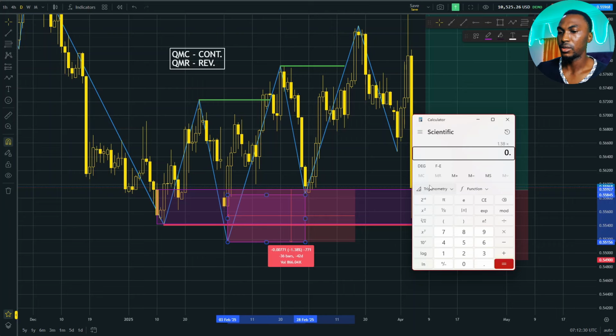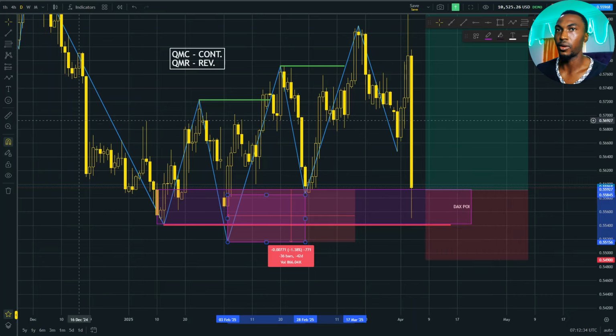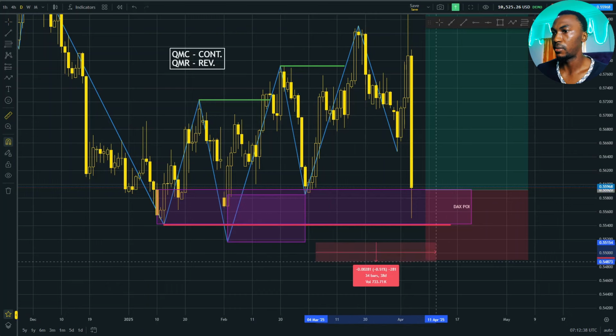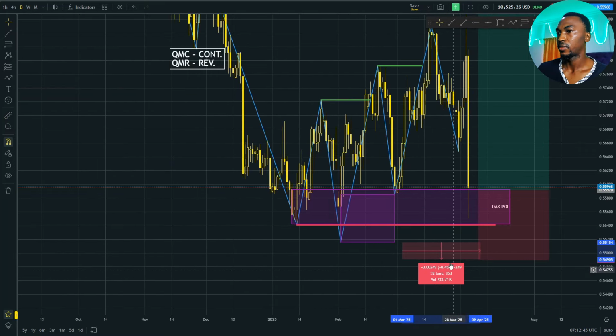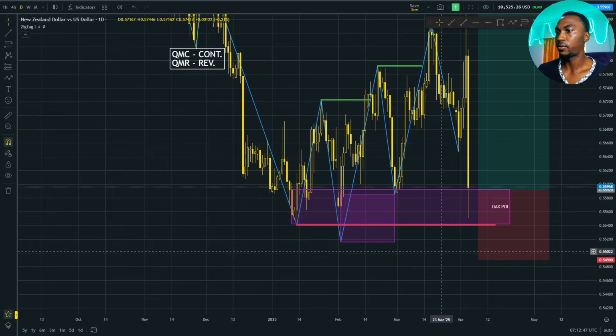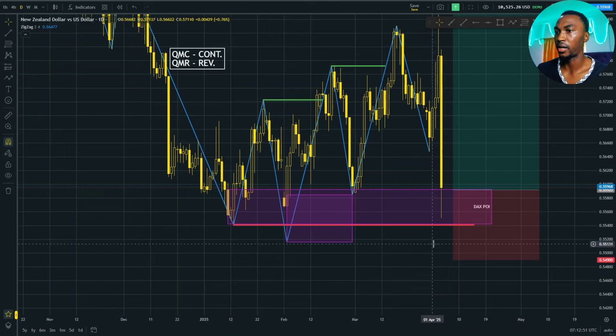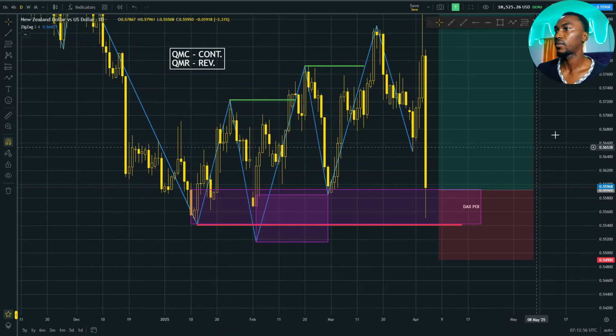So multiply by 3, that's 0.41, right? 0.41. And if you measure from the low to where my stop loss is, it's about 0.46. So this is how I measured my own stop loss for this trade. So I'm giving it an extra 40% buffer from the low of the entire region, right?